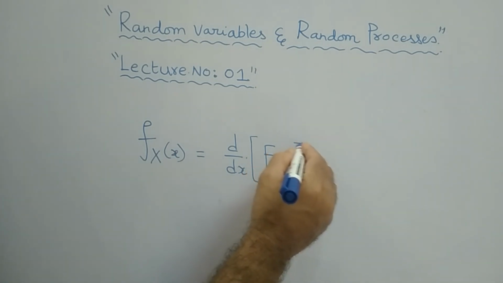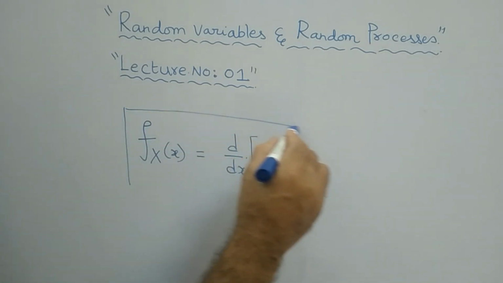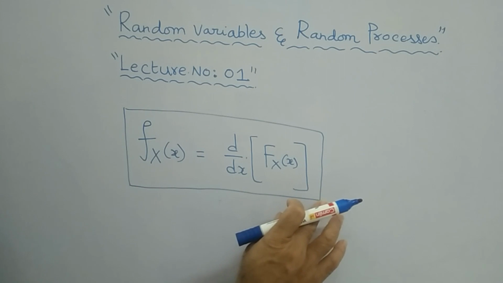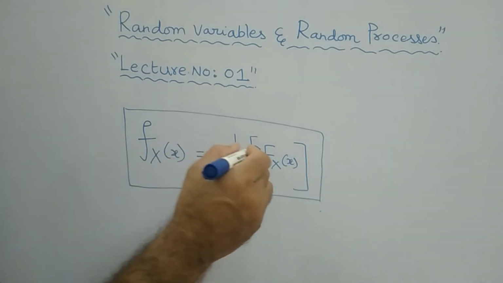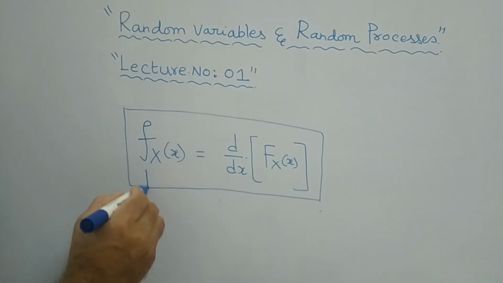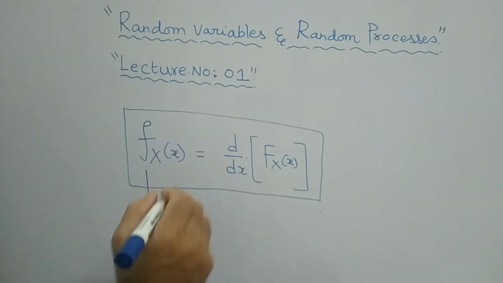This is another beautiful relationship between small f of x and capital F of x, another excellent relation. Already, what is capital F? It is the probability distribution function. Then what is this small f? It is the probability density function.